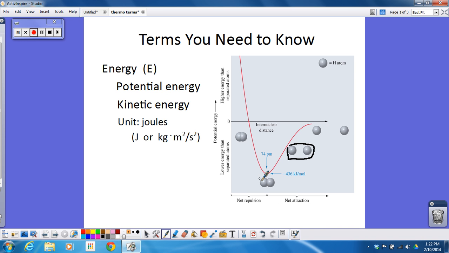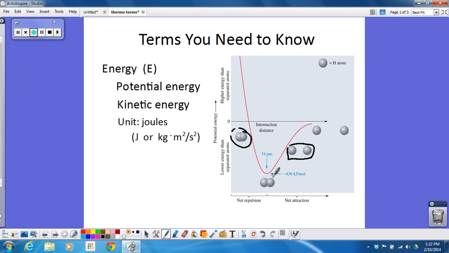At some point, there's an optimal amount of force of attraction, and a bond is formed. If the atoms get too close together, then the forces of repulsion overcome the force of attraction, and those two atoms are pushed apart. So when the bond forms, and we have that optimal relationship between forces of attraction and forces of repulsion, energy is released.